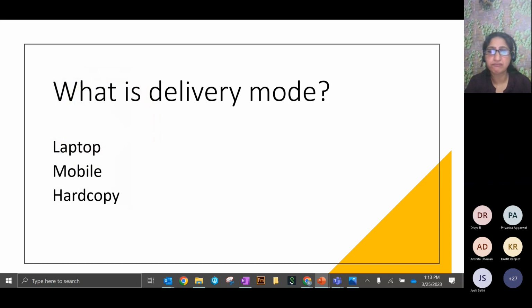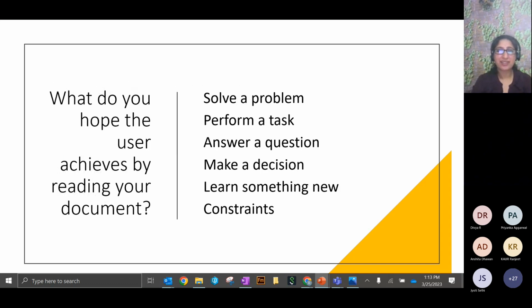The next question we can ask is, what is the delivery mode? Laptops, mobile, hard copies. Have you realized in hard copies, we used to have indexes. We don't have them anymore, right? What do you hope the user achieves by reading your document? That should be your next question.